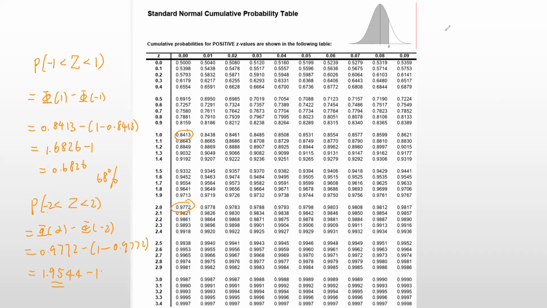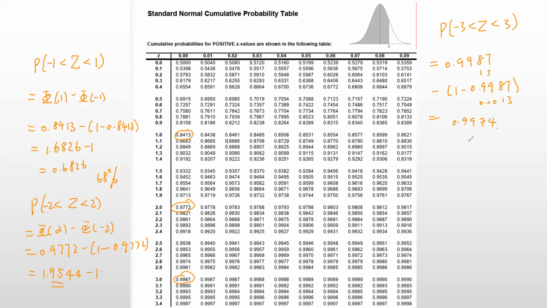And finally, 3 standard deviations away. I think it's 99.7. So let's see. Z within 3 standard deviations away from the mean. Phi of 3 is 0.9987, minus 1 minus 0.9987, which is 0.0013, so 0.9974.